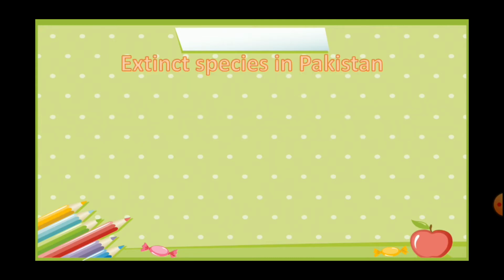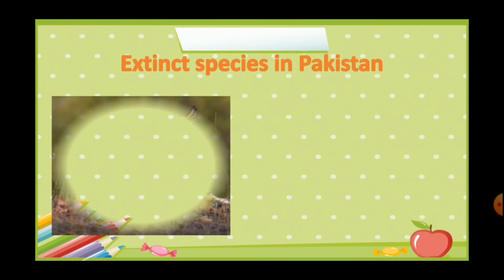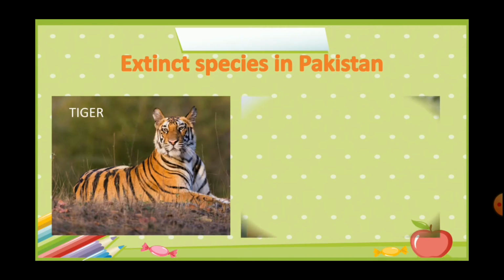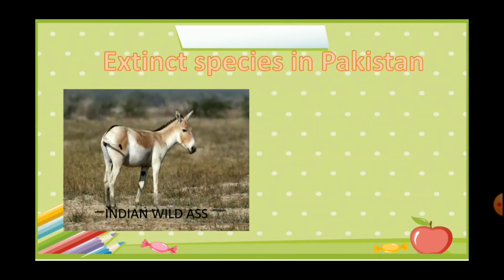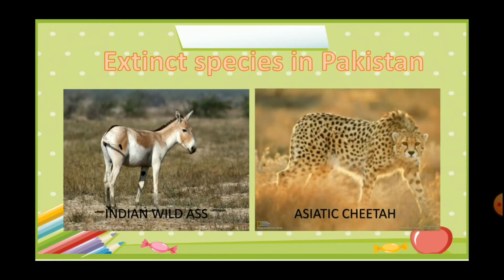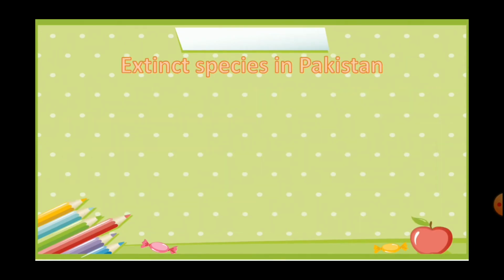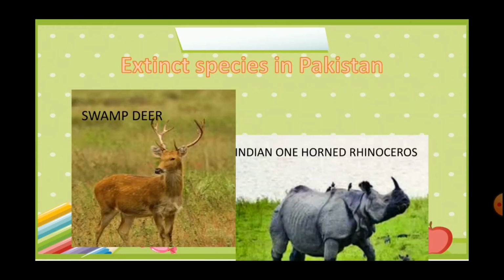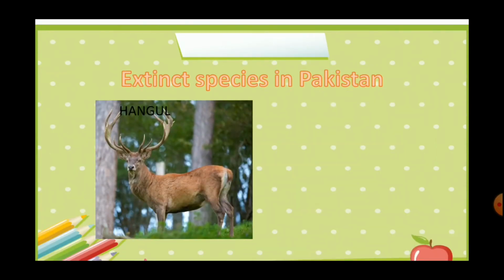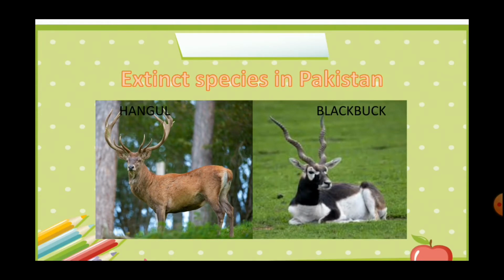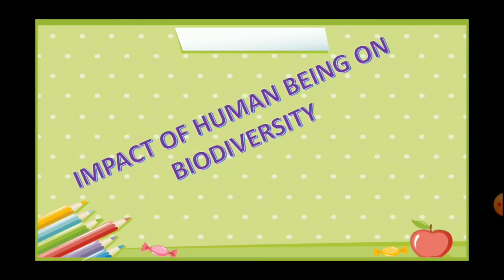Some examples of extinct species in Pakistan are the tiger, lion, Indian wild ass, Asiatic cheetah, swamp deer, Indian one-horned rhinoceros, gharial, and black bear.